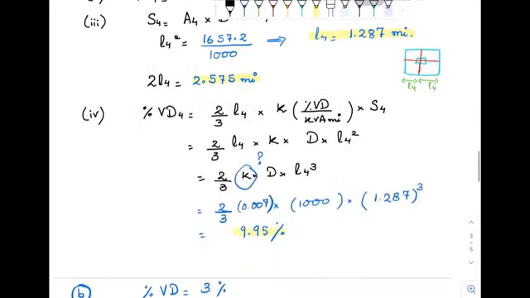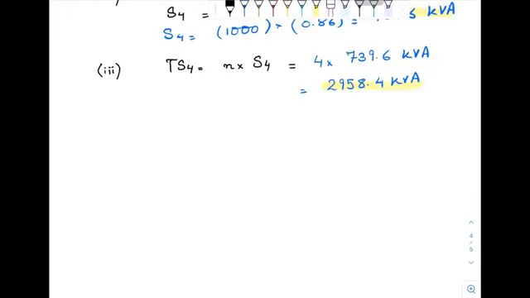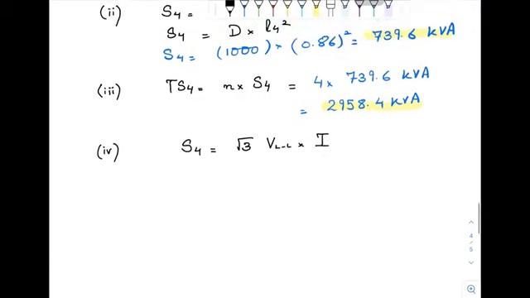In order to compute the current, we can use the simple formula: apparent power is equal to √3 times V line to line into current. We know the value of S4, that is 739.6 kVA, which we have determined over here. Line to line voltage is 4.16 kV.